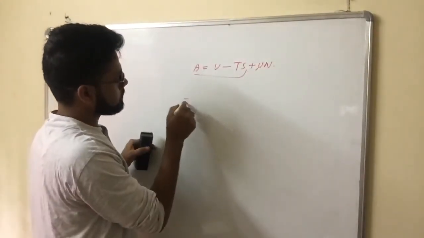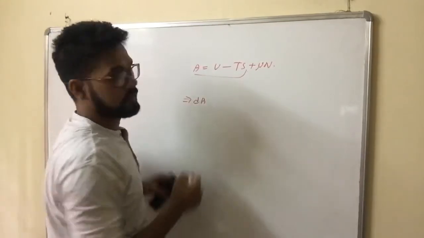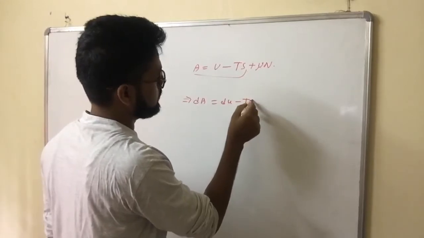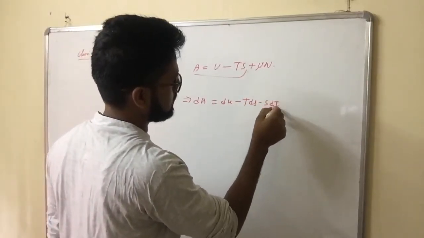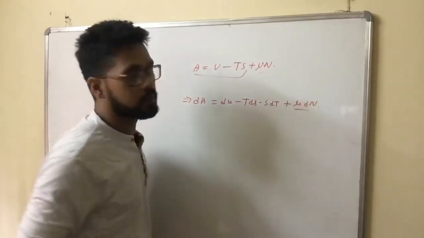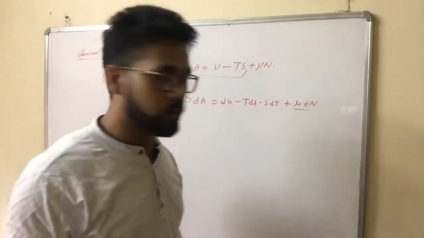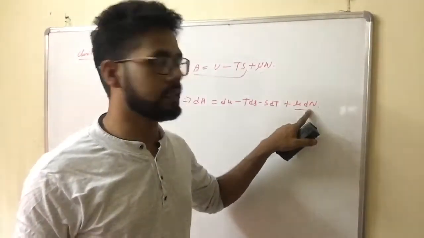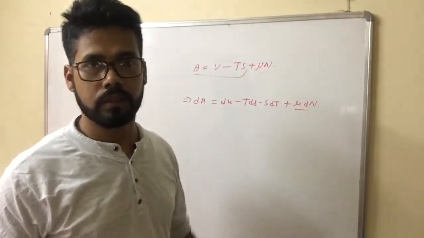So take the differentiation, then dU minus T dS minus S dT plus mu dN. Why am I taking one differentiation? Because mu is the chemical potential, a constant, so there will be no variation. So mu will come out, then dN. dN is the number variable.